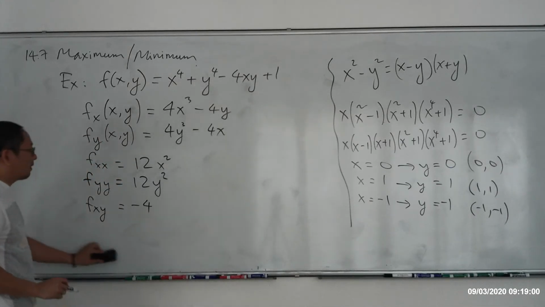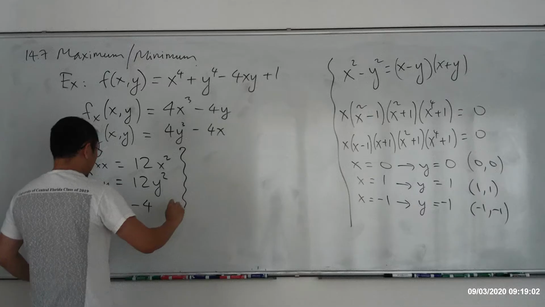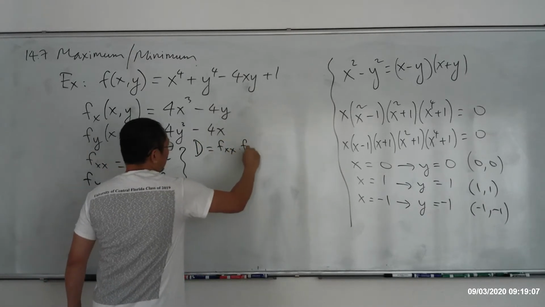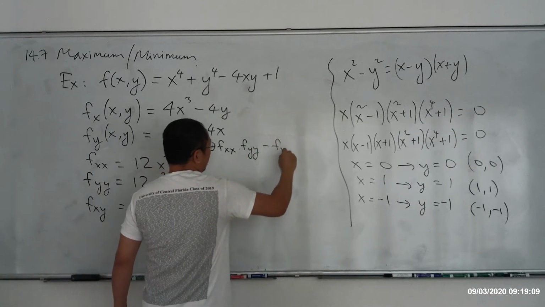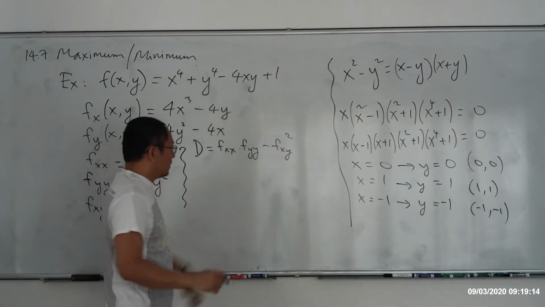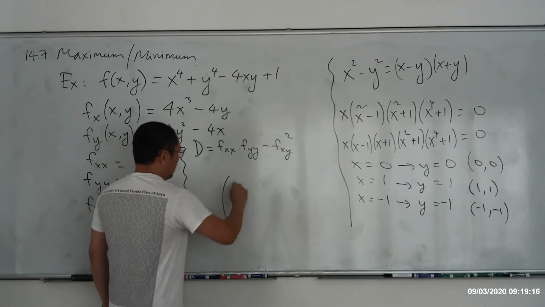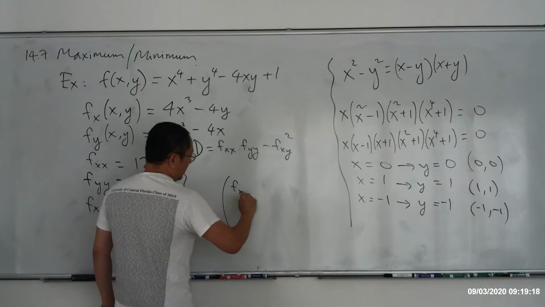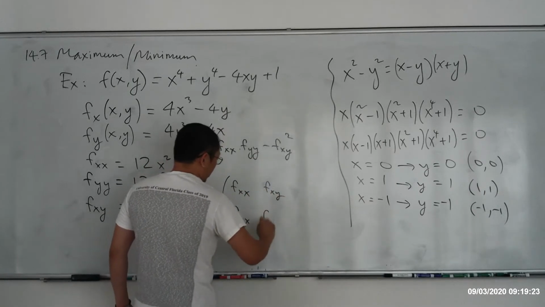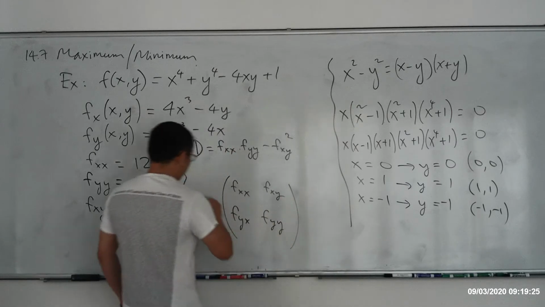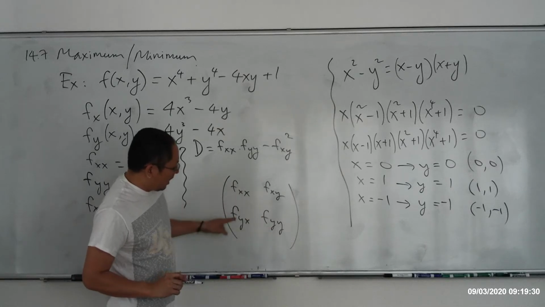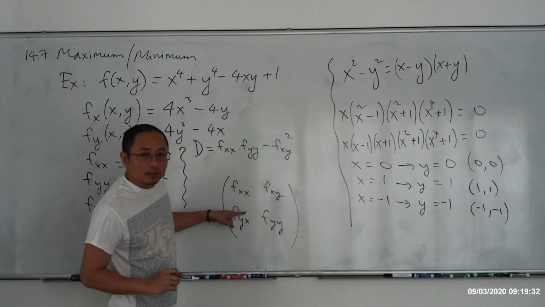Okay, and then you're going to calculate D. D is fxx times fyy minus fxy squared. And by the way, this is for the side work, okay? People usually think of it as the determinant of the matrix. Think of it as fxx, fxy, fyx, fyy, and then the determinant is fxx times fyy subtract fxy times fyx, okay?